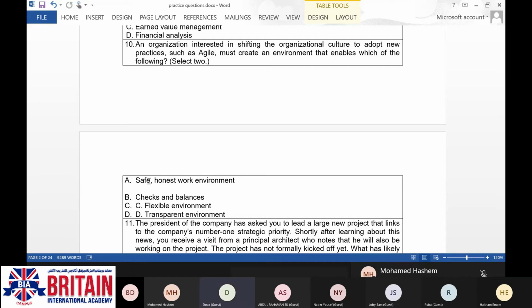Checks and balance. At the same time, they will be controlling and monitoring the deliverables of the current project and creating a balance in the organization.